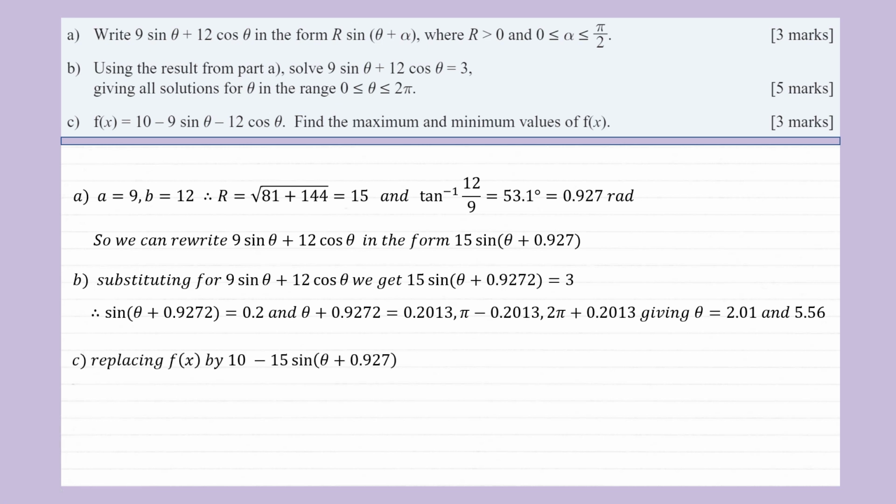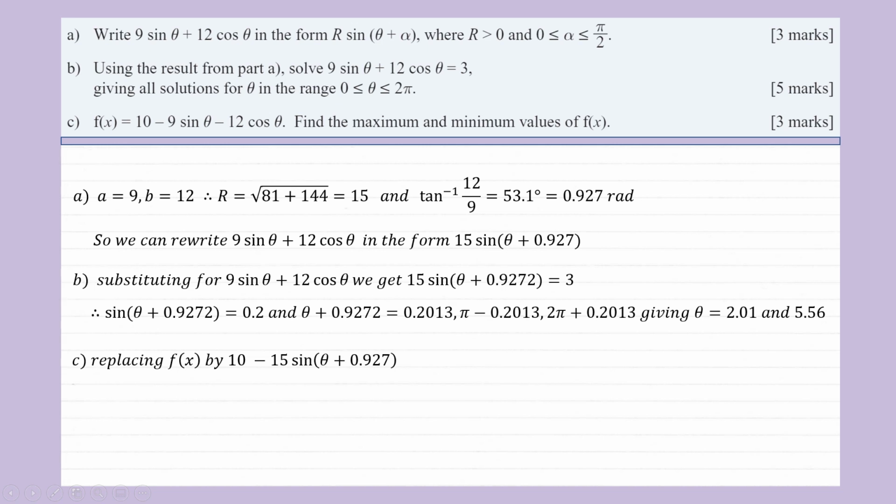Okay, part C. Now part C is another application of the R formulas, and you can see that this function at the moment is a function of sines and cosines, but because of the result of part A, we can replace the 9 sine theta and 12 cos theta by 15 sine (theta plus 0.927), and of course that's been subtracted from 10.